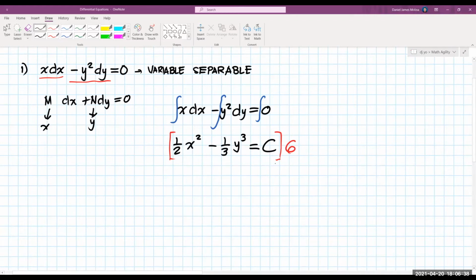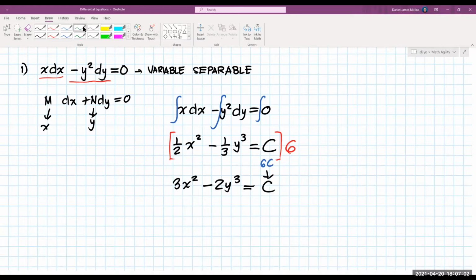Okay. So multiplying the whole equation by 6, we have 3x squared minus 2y cubed is equal to, this is actually 6 times c, right? But 6 times c, or 6 times an arbitrary constant, is also a constant. So we'll just write it as c.